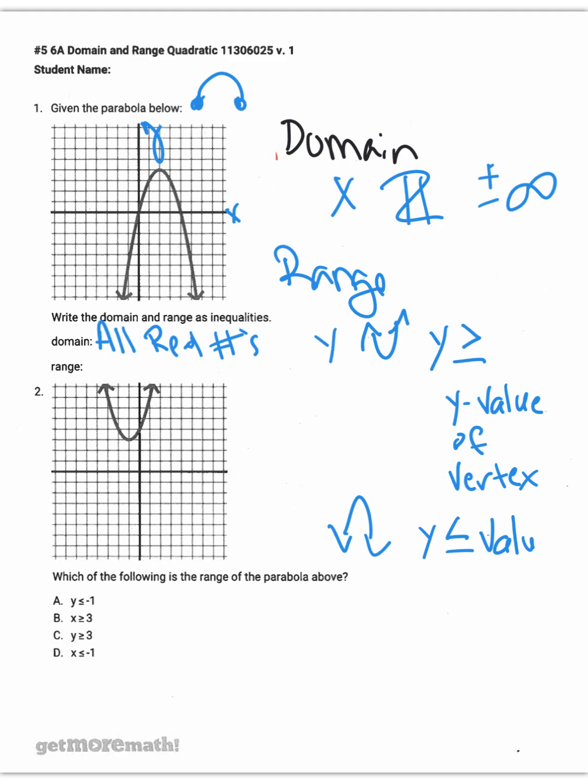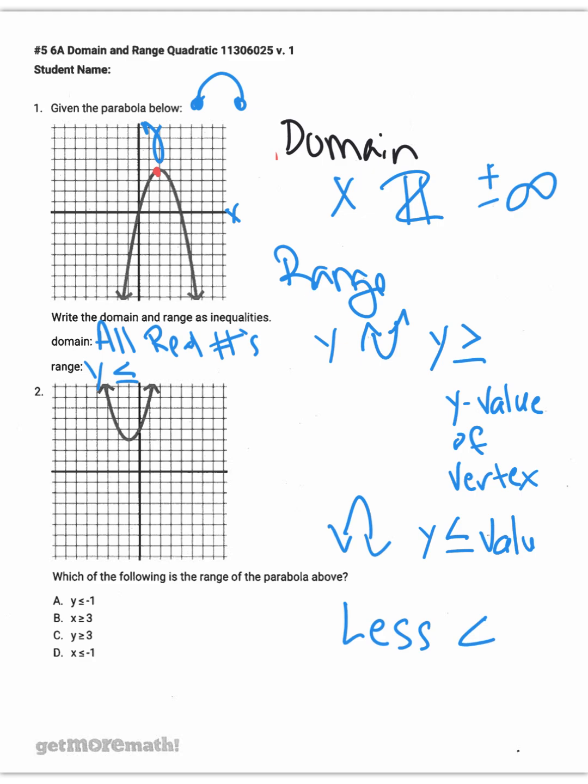So, number one, the domain is all real. The range, which is y, is less than or greater than? Less than. And remember, if you struggle with the symbols, you take the L and you squish it, and that makes the less than symbol. So y is less than or equal to what? It's the y value of the vertex.